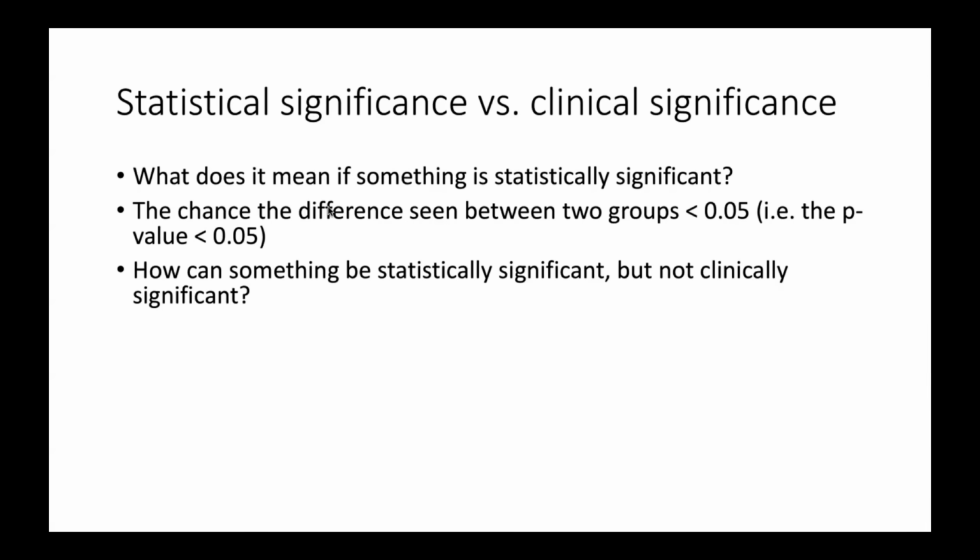I'm going to push you on that in the future. Okay, 2 millimeters of mercury. Good. And their systolic blood pressure dropped by 2 millimeters. So statistically, the people that drank the tea varied from the people who did not drink the tea. But are you really going to start telling all of your patients to drink this tea every day, say 3 times a day, to get their blood pressure to drop by 2 millimeters?